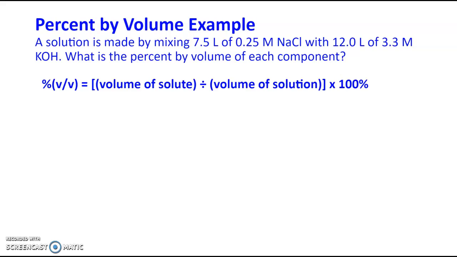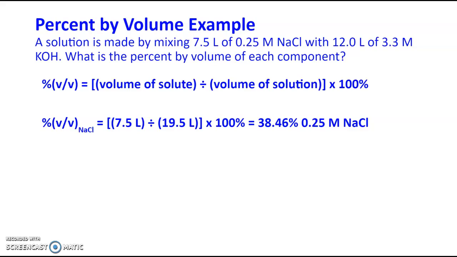Now that we've thought about that, we can start to work out the percent by volume of the sodium chloride component and the percent by volume of the potassium hydroxide component. So for the percent by volume for sodium chloride, we would have the 7.5 liters of sodium chloride divided by the 19.5 liters of the whole solution times 100.